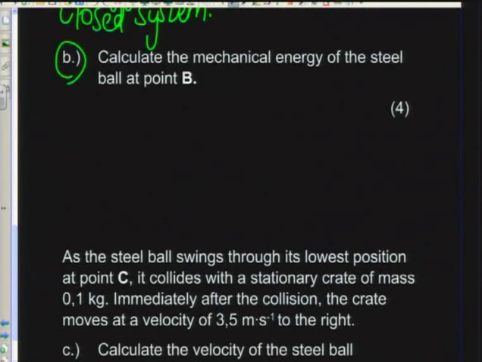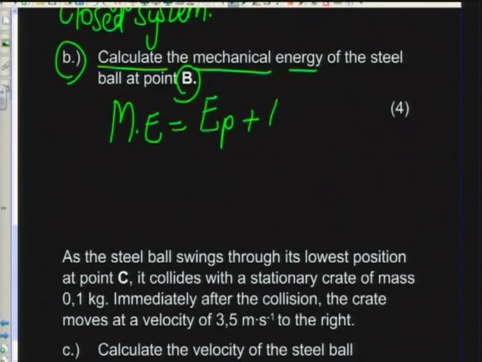Then question B, calculate the mechanical energy of the steel ball at point B. Now, first, mechanical energy is always given by the sum of potential energy and kinetic energy. What is EP? EP is mgh, EK is half mv squared.